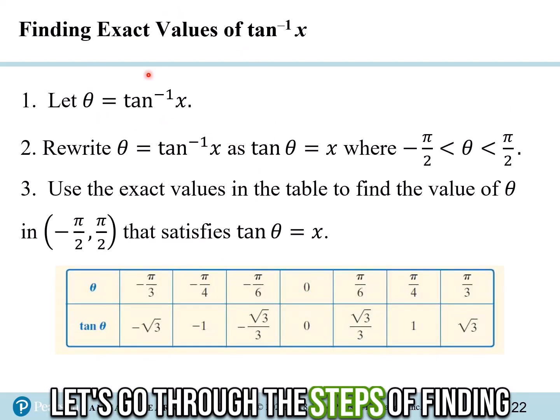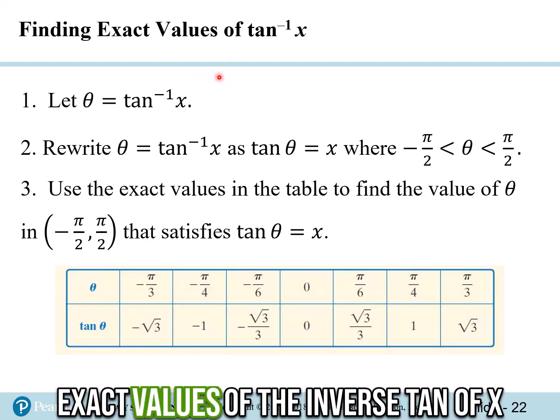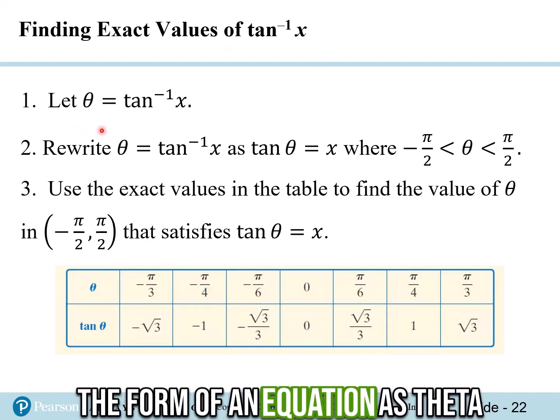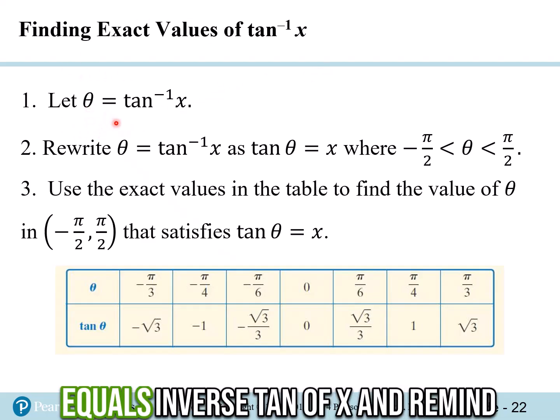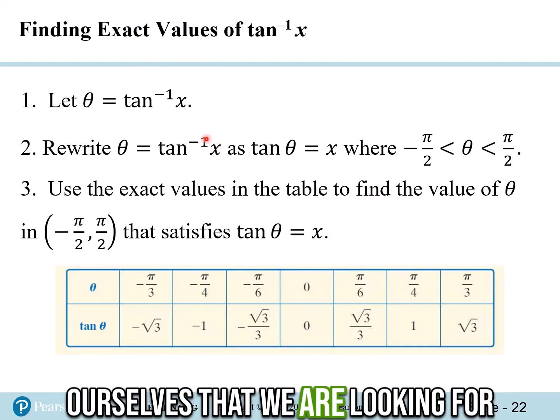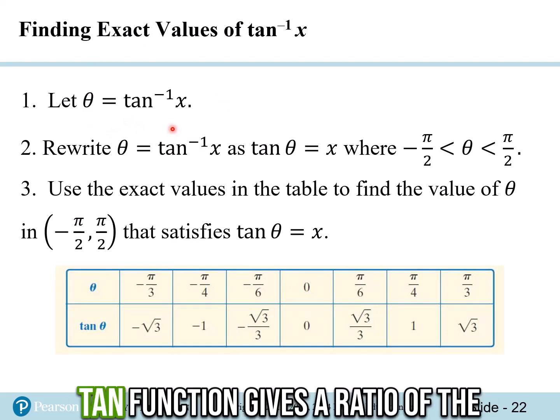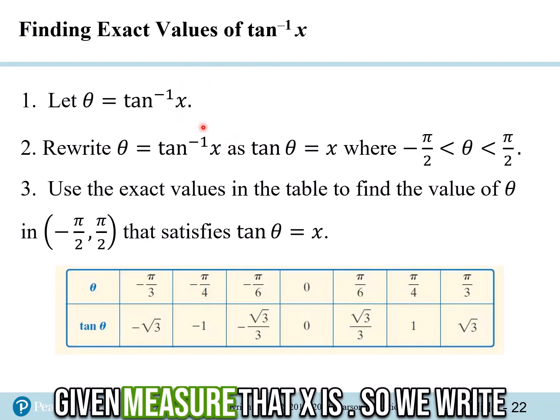Let's go through the steps of finding exact values of the inverse tan of x, or arctan of x. We first write it in the form of an equation as theta equals inverse tan of x, and remind ourselves that we are looking for an angle measure whose tan function gives a ratio of the given measure that x is.